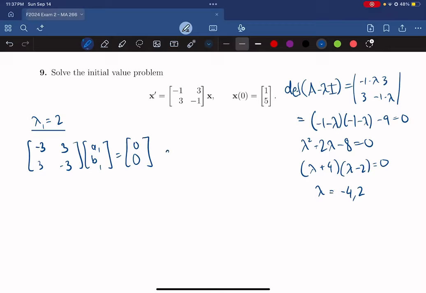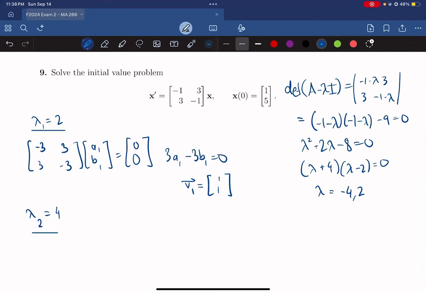And based on that, you can just write an equation like this, and you can set both equal to 1, and so our V1 is going to be 1, 1. For our next eigenvector, we're going to have two eigenvectors, linearly independent, because we have two eigenvalues.